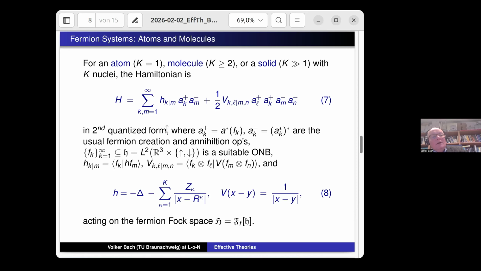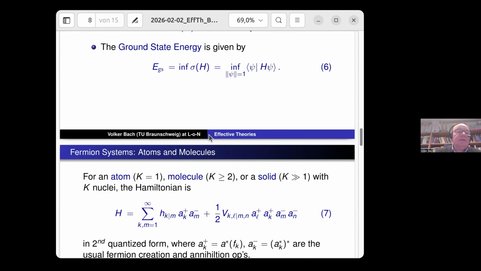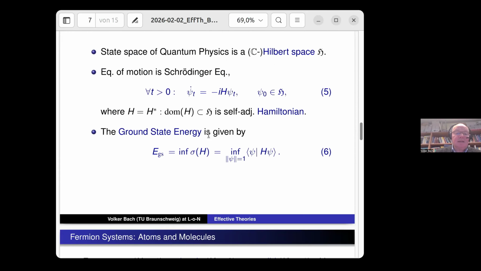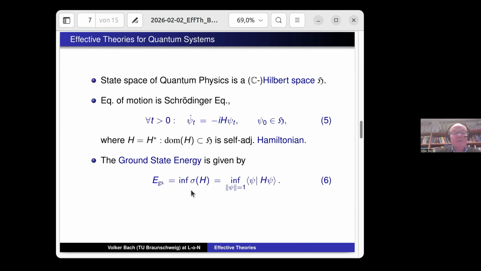And the one electron Hilbert space is this L2 space of R3 times the two spin states, spin up and spin down. Okay, so this is the usual model for an atom or molecule, and as you perhaps all know, it's impossible to compute the ground state energy, the number that I had specified in equation 6.